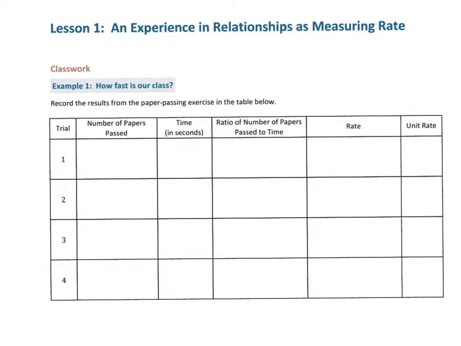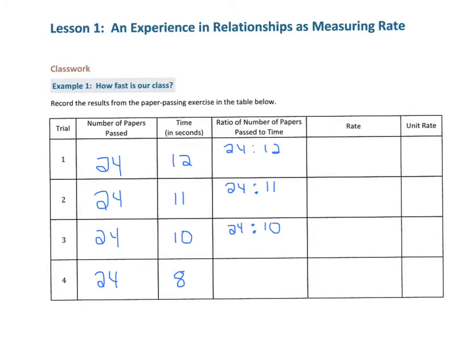So an example of what that might look like is something like this, where when we first started passing out the 24 papers, it took us 12 seconds. But as we continued, just like anything you practice, you get faster and faster and faster.